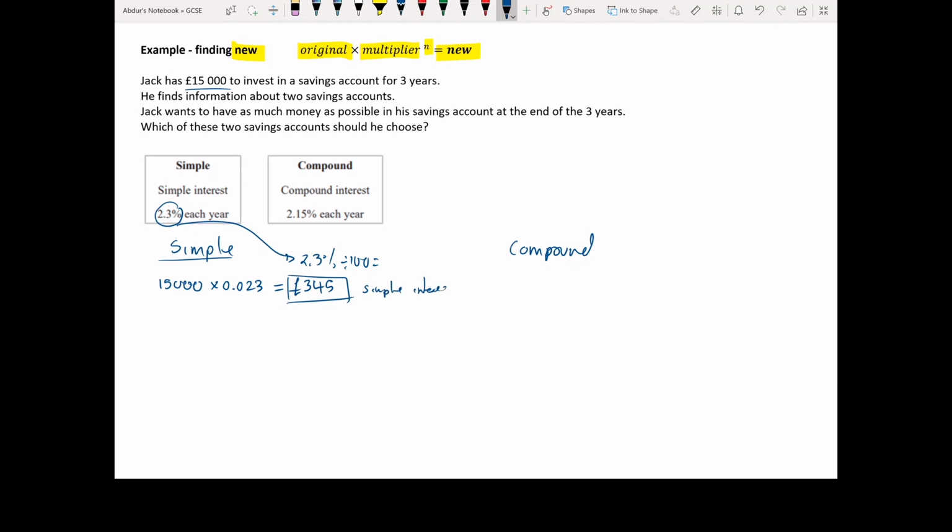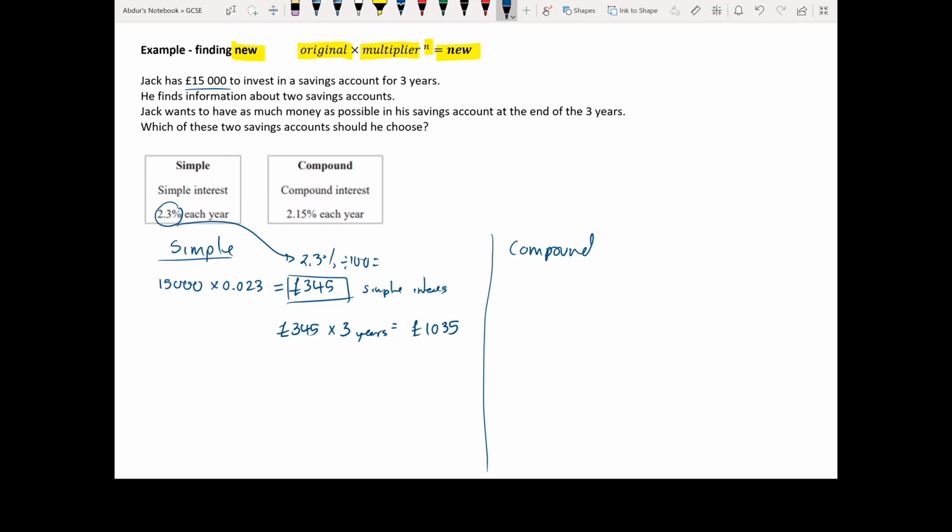The difference between simple and compound interest is that with simple interest, this amount of £345 is the same amount added on each year. Since this is for 3 years, we'll do £345 times 3, because it's added on the same amount, and that gets us £1,035.